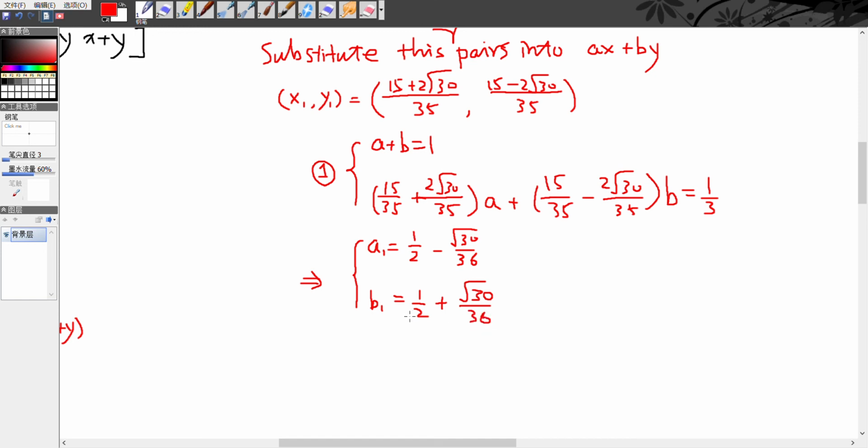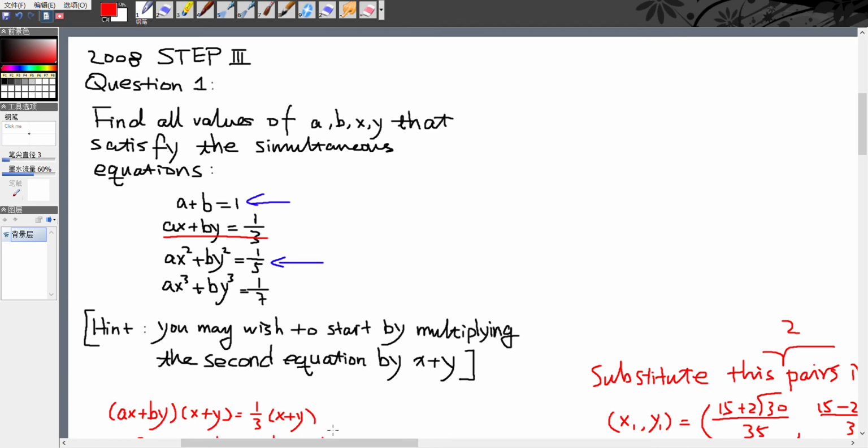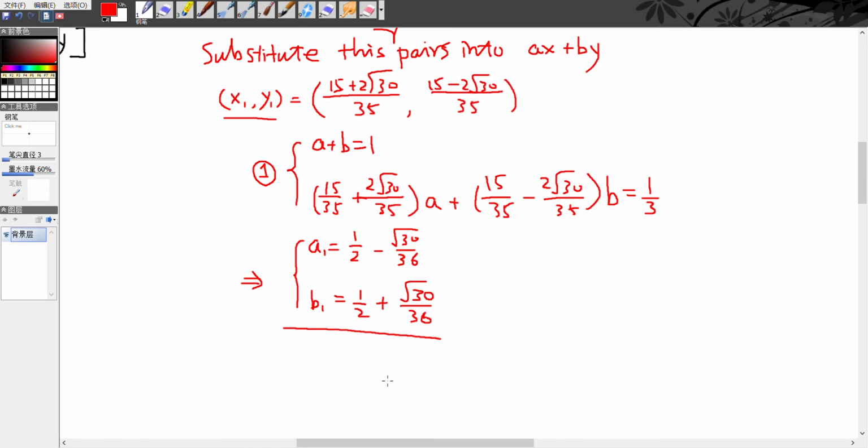And these results are our first result of a and b, our first value, sorry.